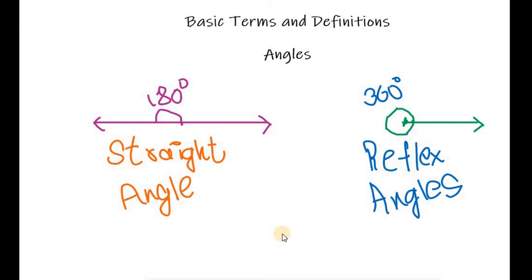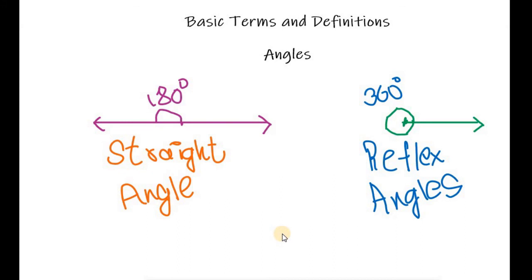The 90-degree angle is known as the right angle. The third type we saw was the obtuse angle. An obtuse angle always has more than 90 degrees, but less than 180 degrees.